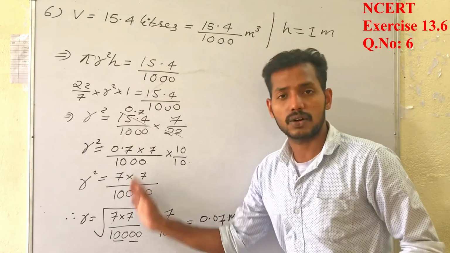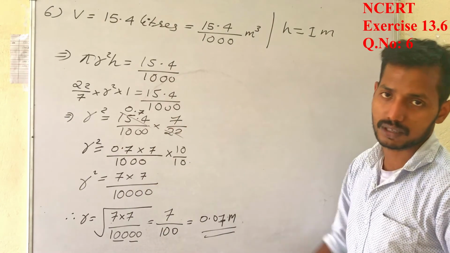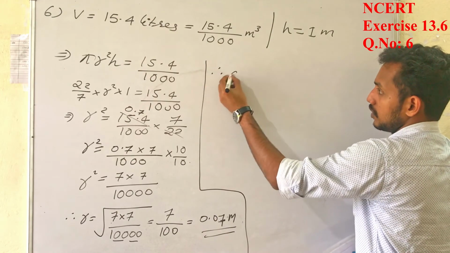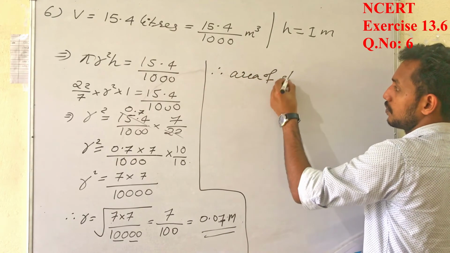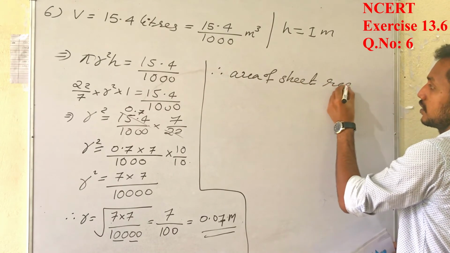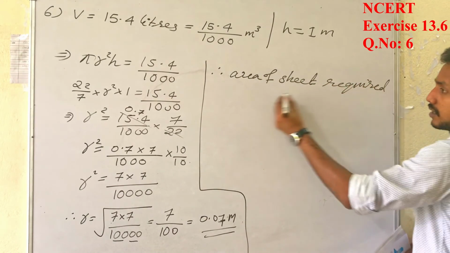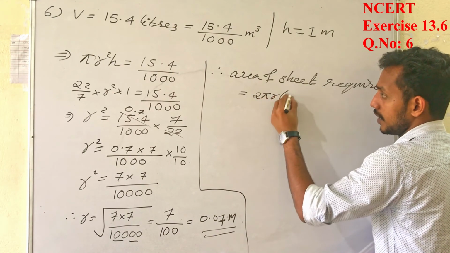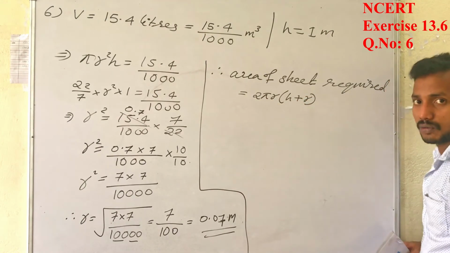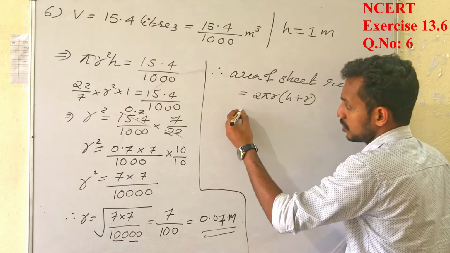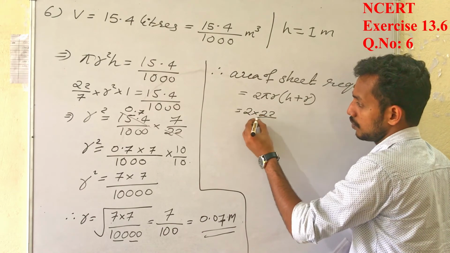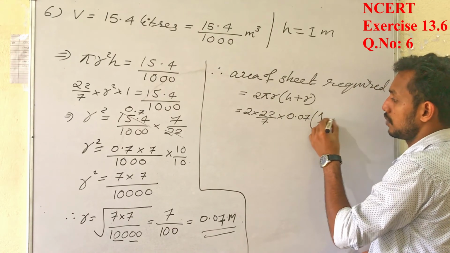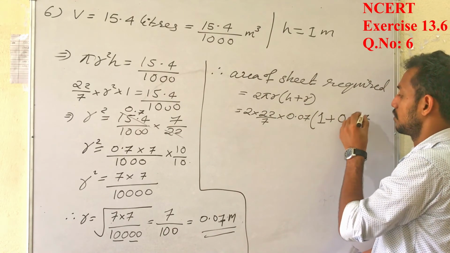It is not necessary to follow the same method. You can do it by the long division method. To find the surface area, the area of sheet required is equal to 2 pi r into h plus r, the total surface area formula of the cylinder, which is equal to 2 into 22 by 7 into radius 0.07 into h, which is 1, plus radius again 0.07.